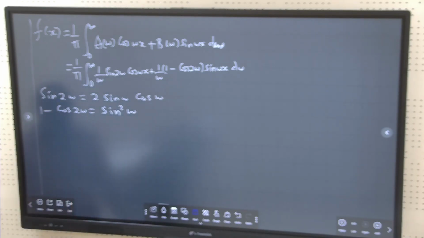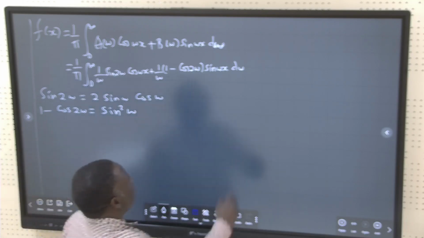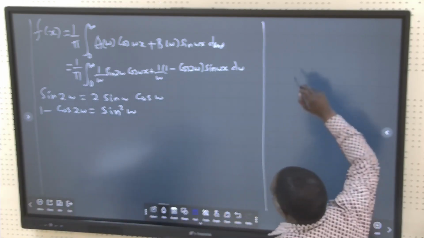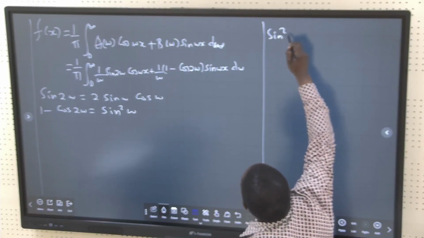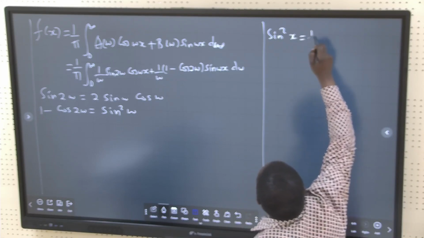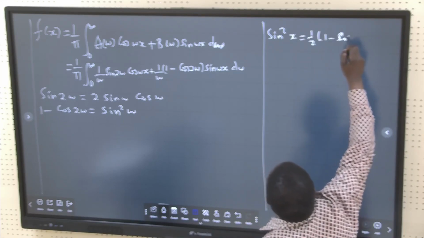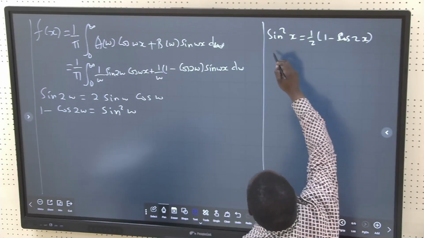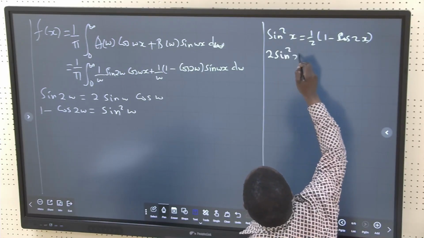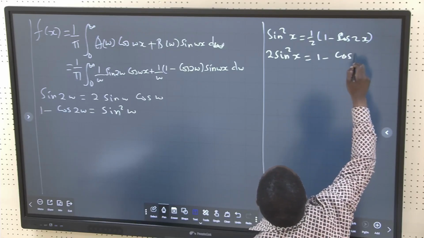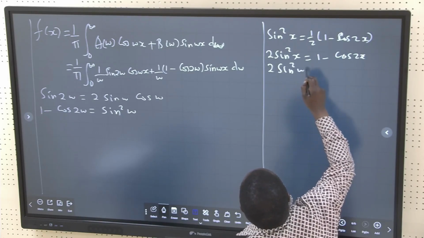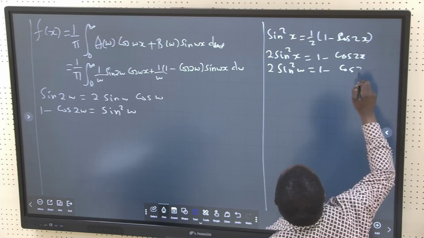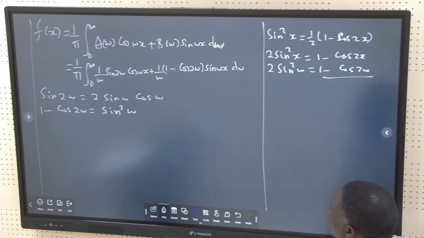This is from the half angle. Remember, sine squared x equals a half of 1 minus cosine 2x. So multiplying through, we have 2 sine squared x equals 1 minus cosine 2x. So it is the same as saying 2 sine squared ω equals 1 minus cosine 2ω.